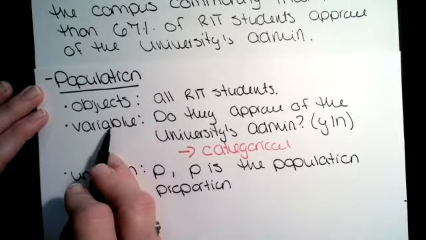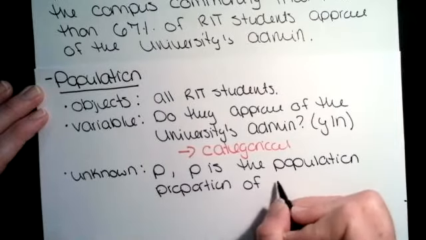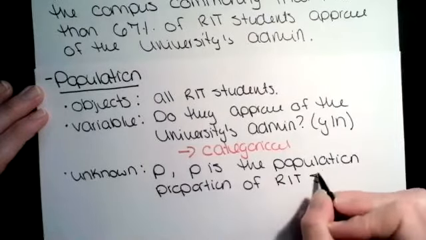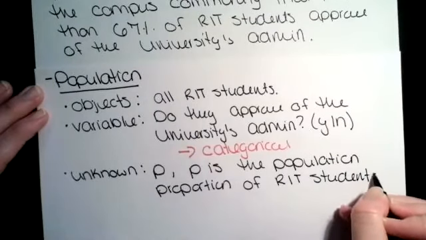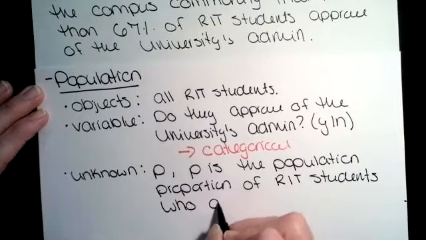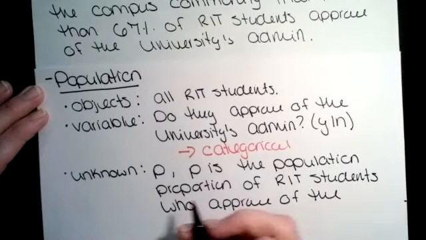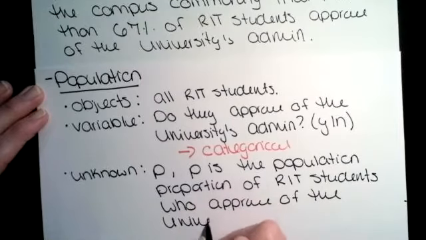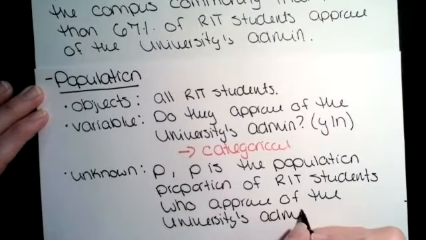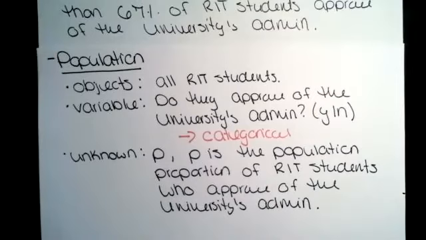It's of the objects in the variable, right? So it's the population proportion of RIT students. I'm just going to take it right from above, who approve, because that's what I'm interested in, of the university's admin. That's my P. P is the population proportion of RIT students who approve of the university's admin.